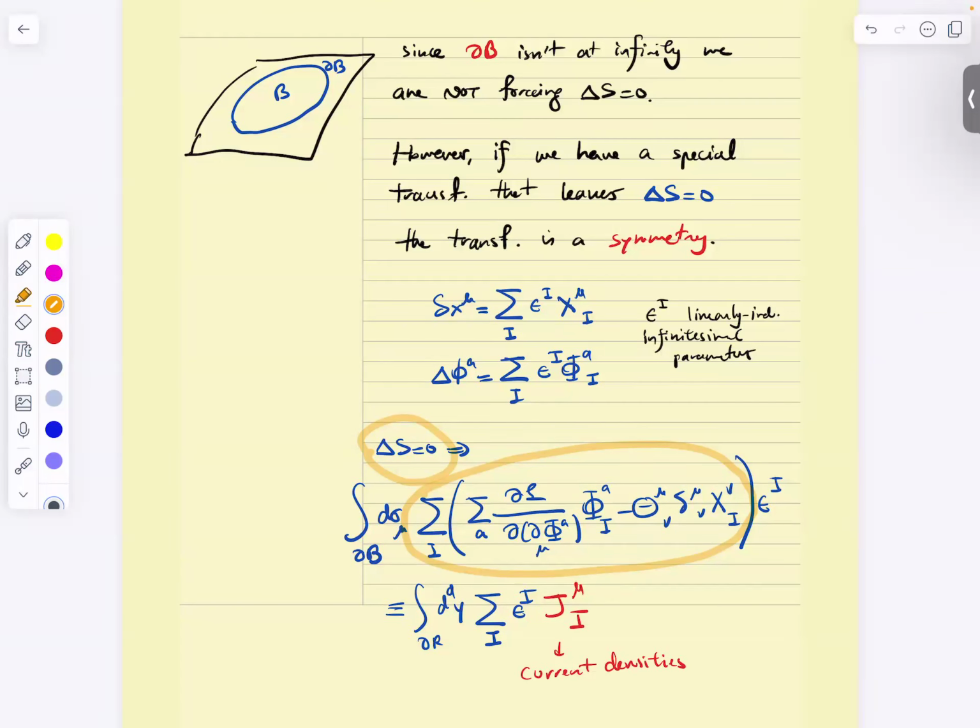It's not always true. It's only true if it's a symmetry. Symmetry was defined as some delta of L that gives you delta S equals 0. So I wrote what delta of S is. Now I go back to my assumption of symmetry. Delta of S has to be 0. Therefore, the integrand has to be 0, because I can choose these guys as I wish. Right? I can make arbitrary transformations and arbitrary surfaces. Right?